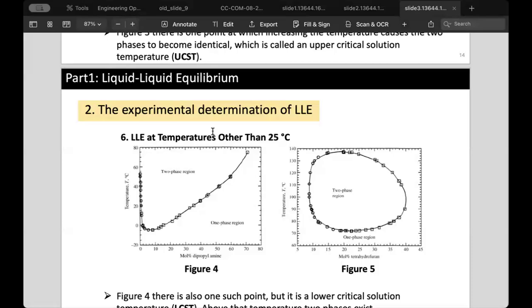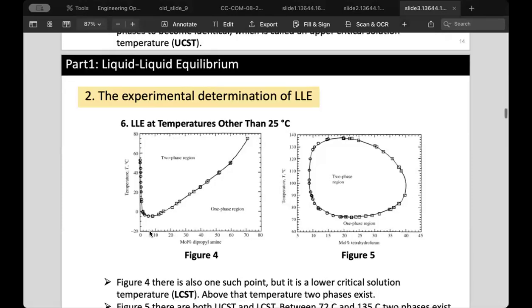is different, the opposite way. See that if we increase the temperature, the two-phase region is larger and larger, right? And if we cool it down, the two-phase region becomes smaller and smaller, okay? And we have the two-phase region starting at the lowest temperature here.